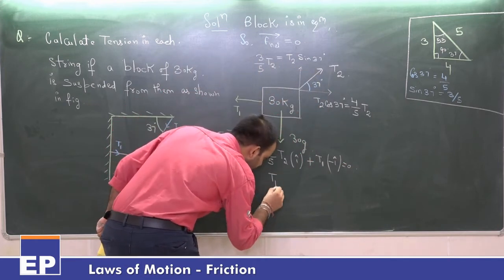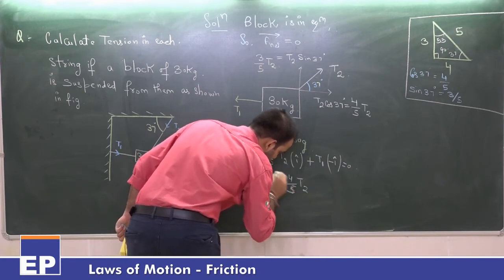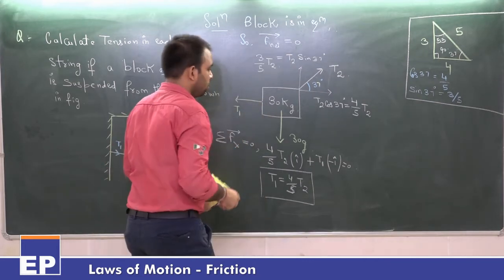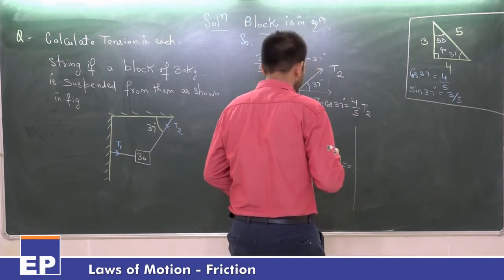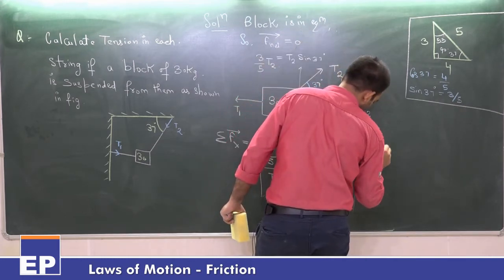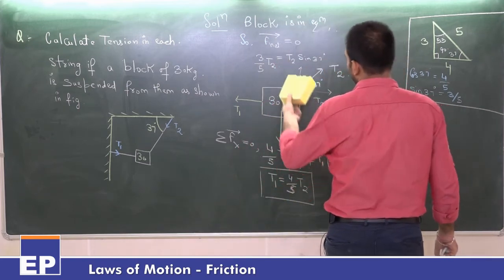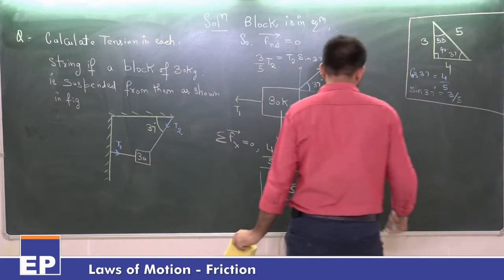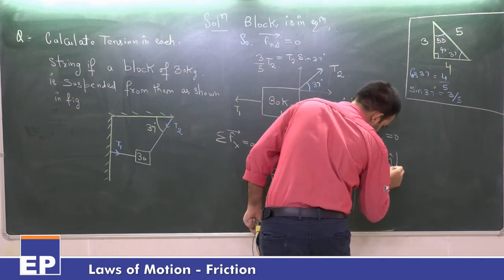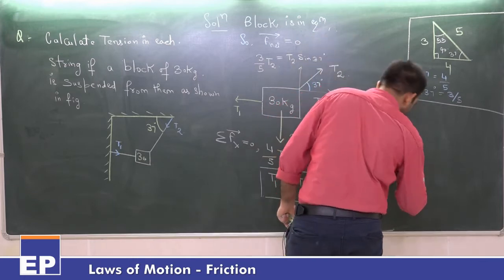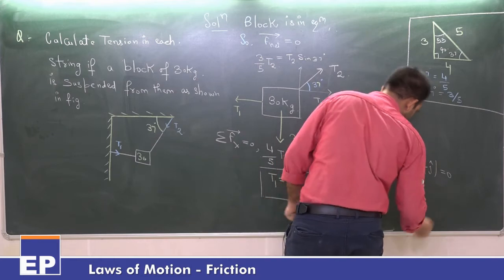तो क्या निकल गया है? T1 is equal to 4 by 5 T2. और यहां से क्या निकल गया है? y एक्सिस से summation of Fy is 0. अगर summation 0 है, there how many forces are in Fy? These are two forces. This is upward force, तो उसको लिख लो पॉजिटिव. 3 by 5 T2 plus 30G minus j cap is 0.